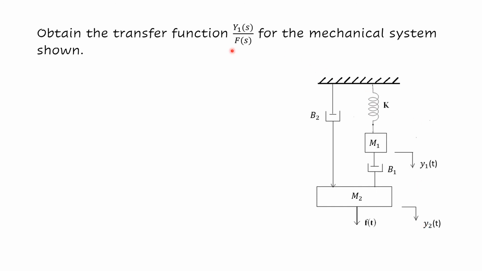In order to obtain the transfer function, that is the response Y1(s) by the input F(s), we first draw the equivalent mechanical network.